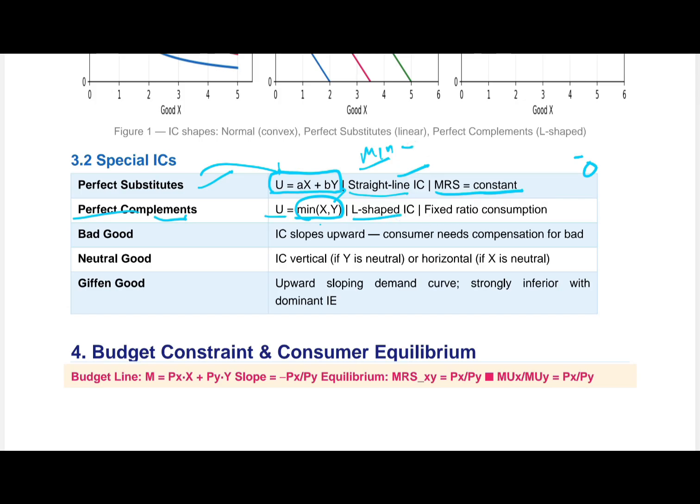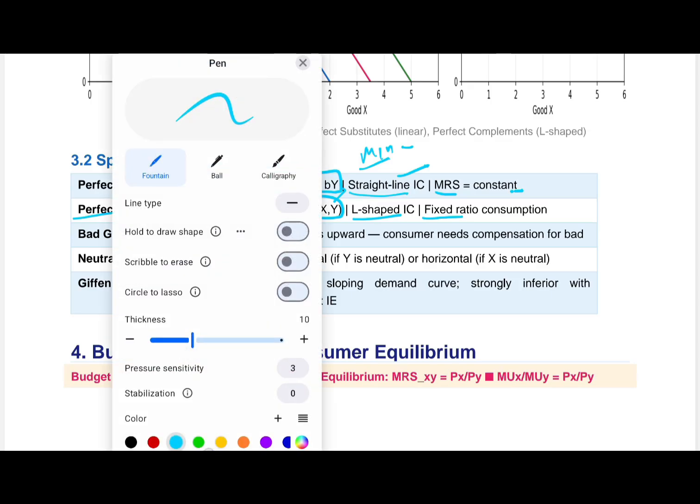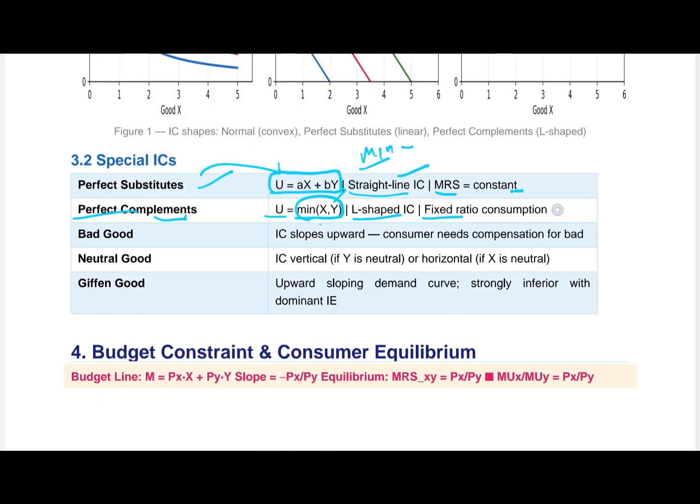It is L shaped and in fixed proportion. So MRS is either 0 or infinity. It can be both.